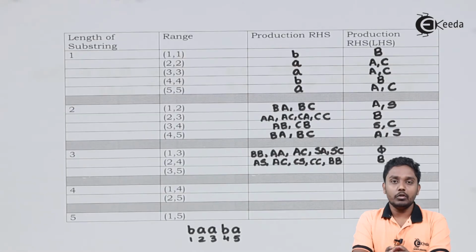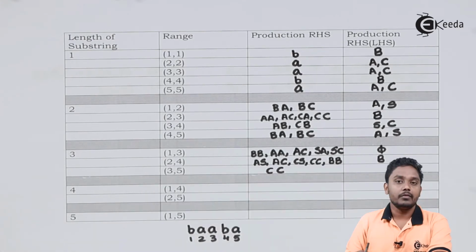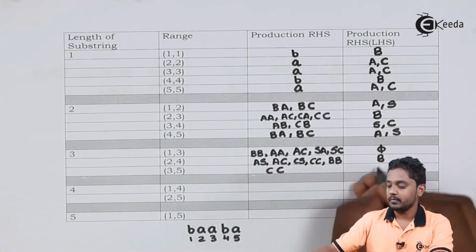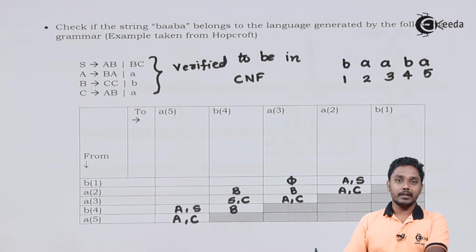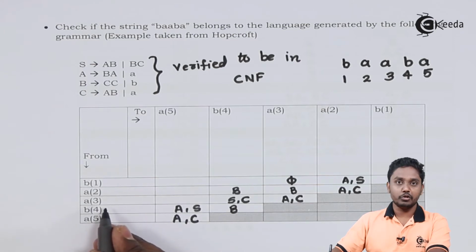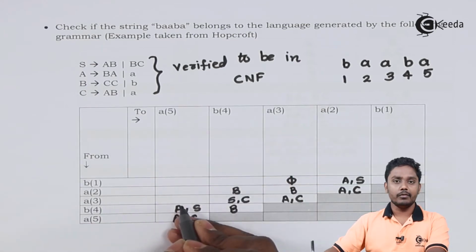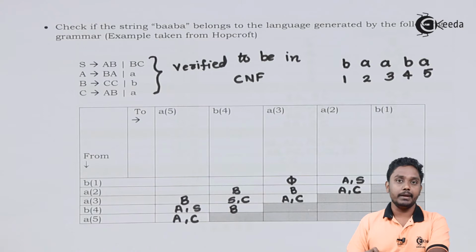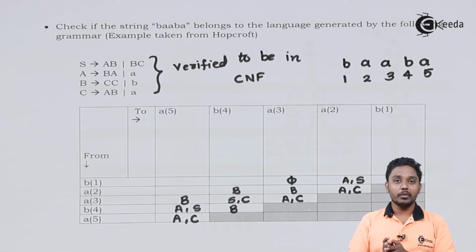I am writing only those RHS which are at least generated by our grammar. In this case, it would be CC, which is generated using B. In the table, we write 3 to 5 is generated by B. This is row 3, column 5. With this, we have written all productions of length 3. Now let us go to length 4.